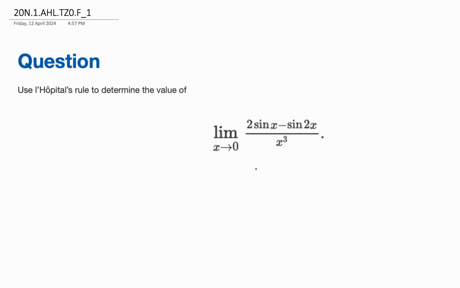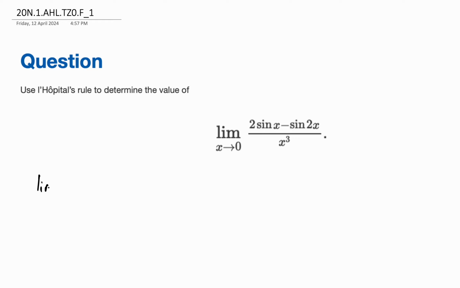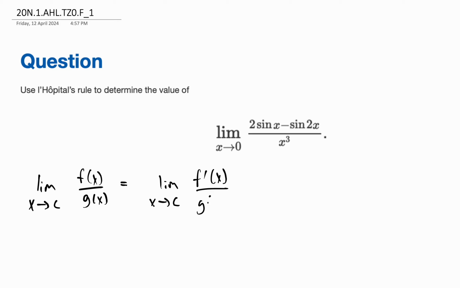Before I solve this problem, we have to make sure we understand what L'Hopital's rule is. Essentially, what the rule tells us is that the limit as x approaches some number c of some function f(x) over g(x) is the same as the limit as x approaches c of f prime of x over g prime of x.